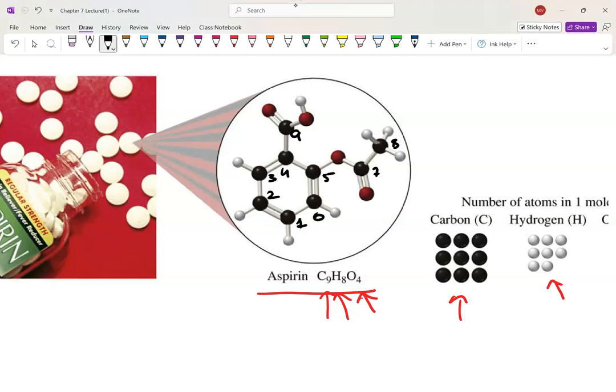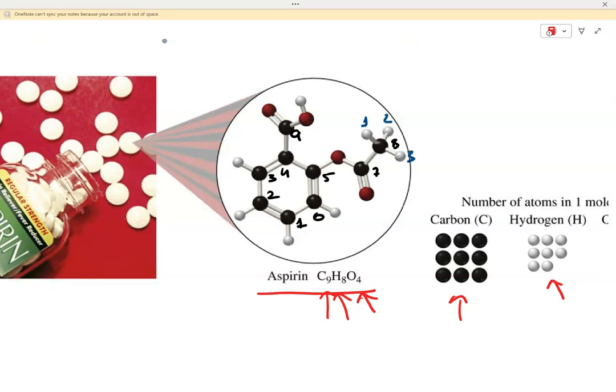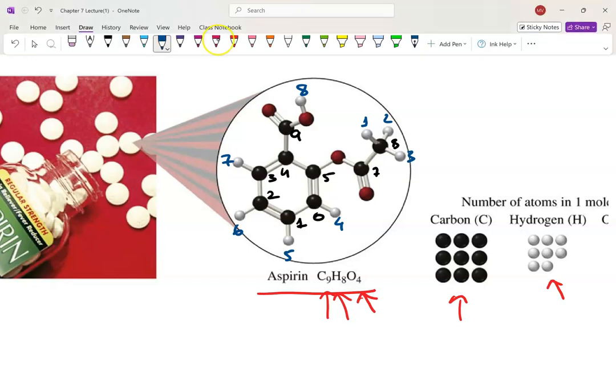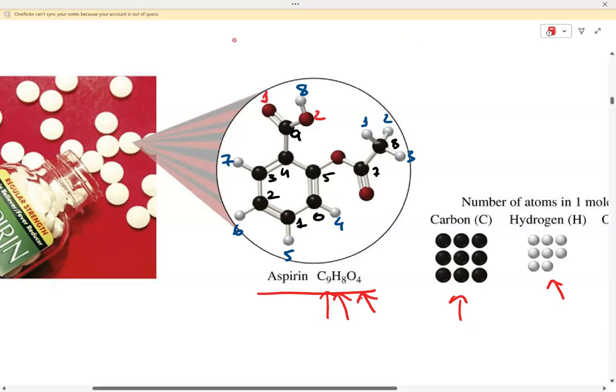Now we're gonna, let's pick blue for the white circle. So how many hydrogens? 3, 4, 5, 6, 7, 8. Are all hydrogens accounted for? And now oxygens, 1, 2, 3, and 4.